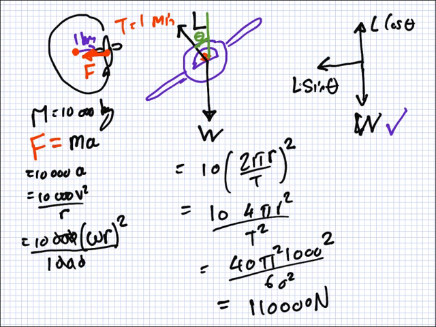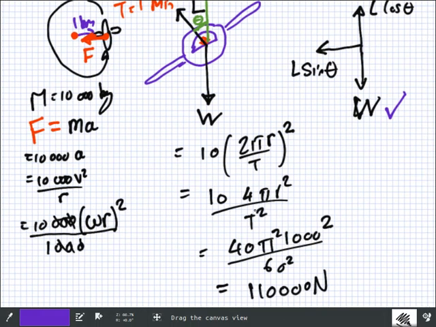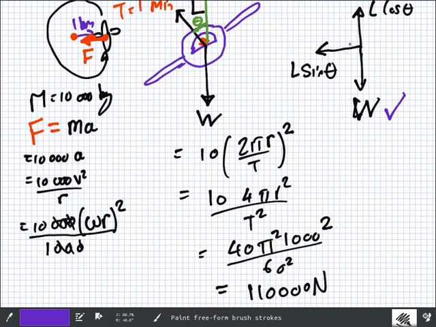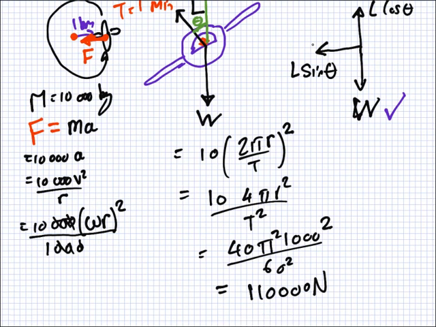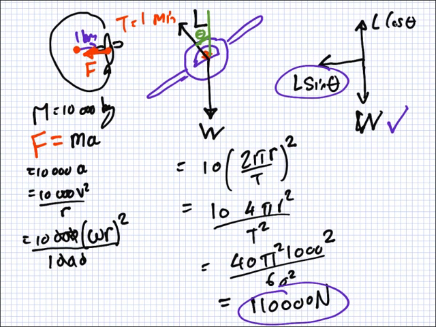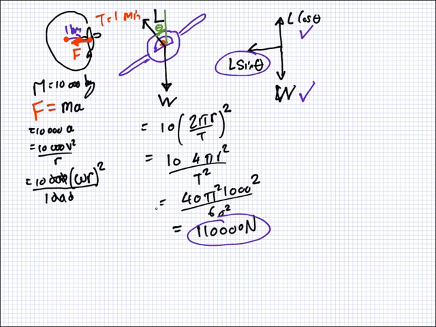We do. It's 110,000, because this is the force that is making it travel in a circle. And do we know L cos theta? We do. Well, the plane isn't rising or falling, is it? It's constant. So now we can make this equation.